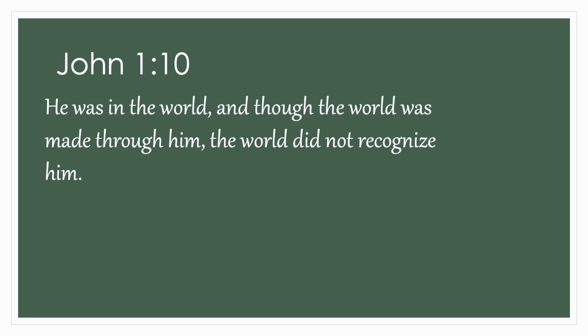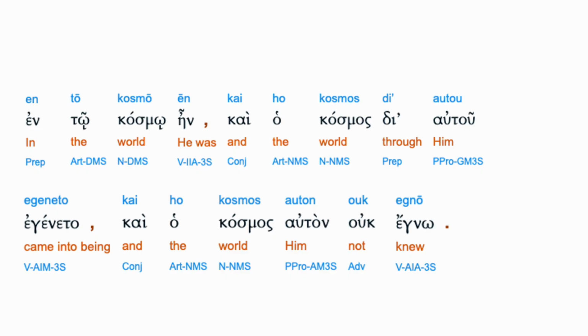So that's why I'm using it here. So in the Greek, the word order says, in the world he was. It makes more sense to say in English, he was in the world. The next clause, and the world through him came into being. Again, we'd change that order and say, and the world came into being through him.